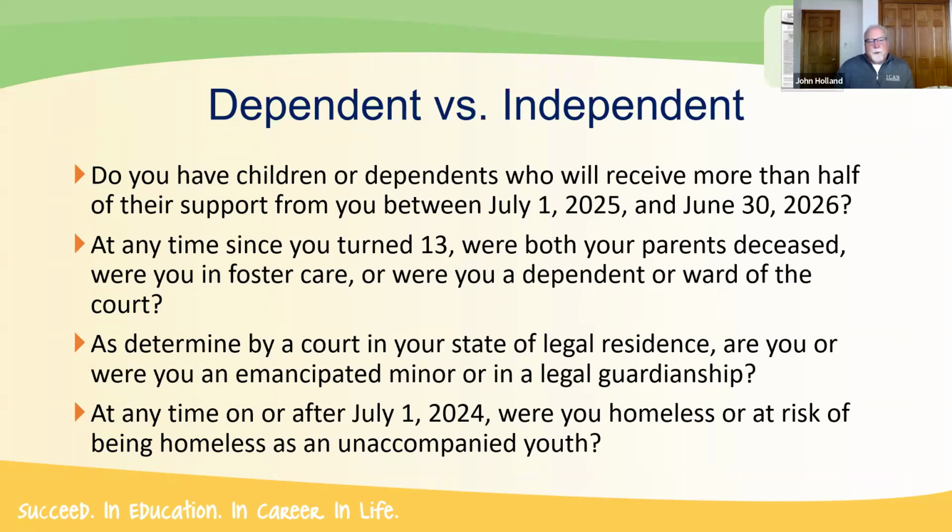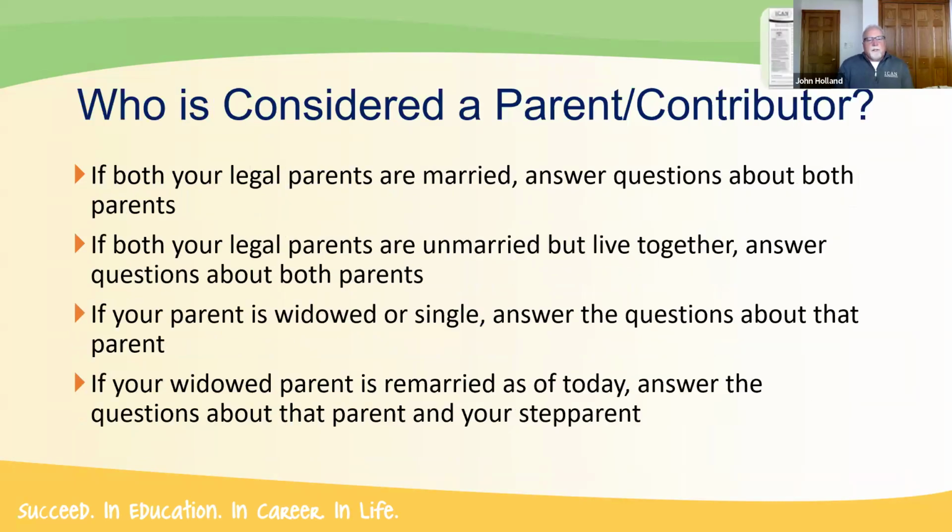Now, once it's determined that a parent's information has to be used, then the application goes on to define who is considered to be a parent. Now, notice they now use the word contributor also. So the Department of Education now uses the word parent/contributor for the parent's information. And by the way, that doesn't mean that you have to contribute money.